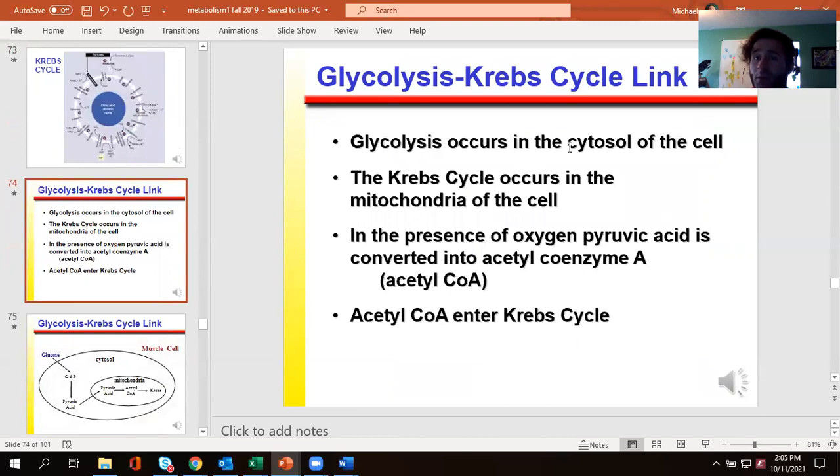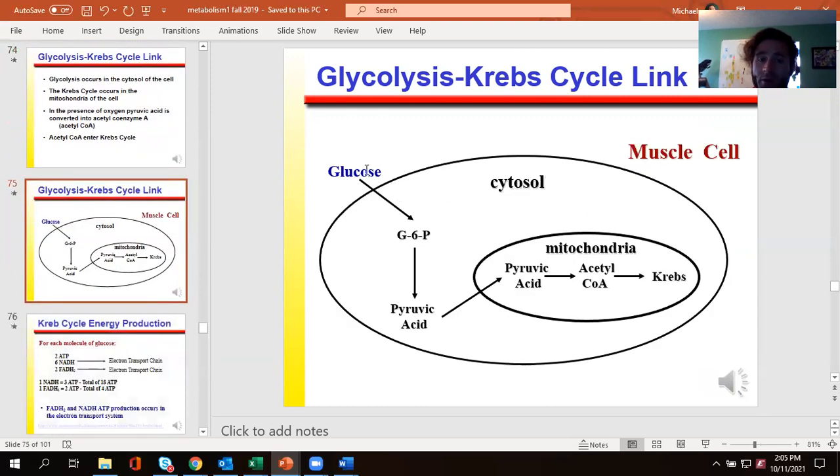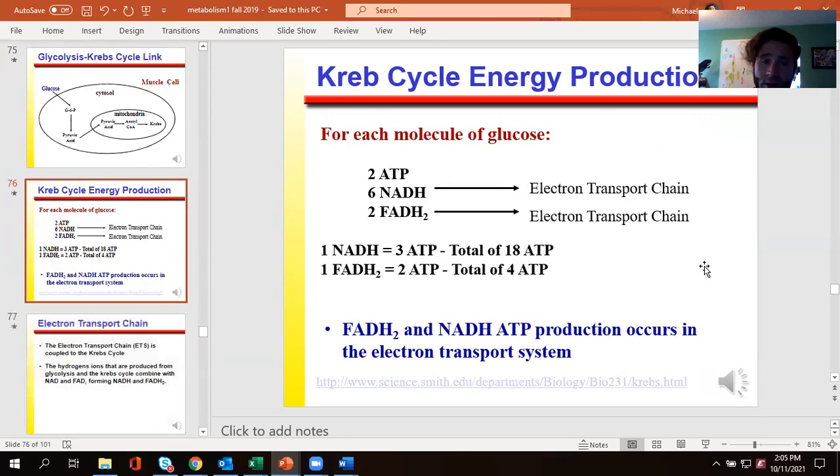So glycolysis, remember, is in the sarcoplasm, and the Krebs cycle and electron transport chain are in the mitochondria. And this is where we're going to be able to undergo this metabolic effect. So if we're thinking about the muscle cell itself, glucose comes in, gets phosphorylated into G6P. That in turn is going to go through glycolysis to give us pyruvate. Pyruvate in turn is going to go into the mitochondria, be converted to acetyl-CoA, and then undergo the citric acid cycle.